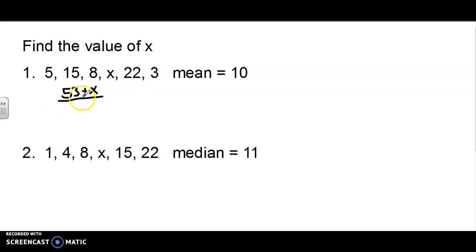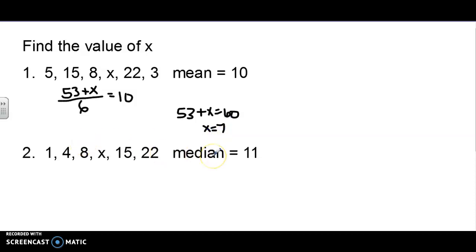There are 6 of them. That should equal the average, which is 10. In order to solve this, I'll multiply both sides by 6, and I get 53 plus x equals 60. And that means that x would equal 7.